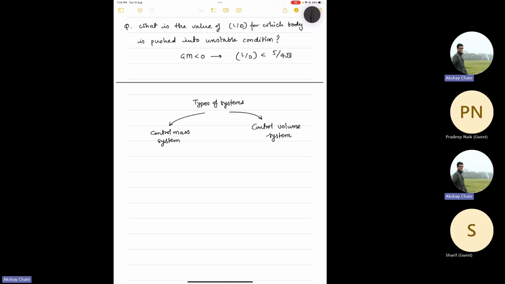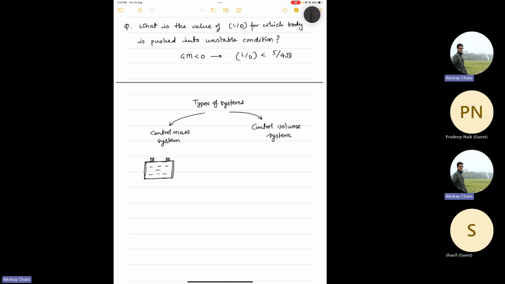Let's say, for a simple example, you have a tank with liquid inside it, and after filling, the gate is closed, so you cannot remove the water outside.